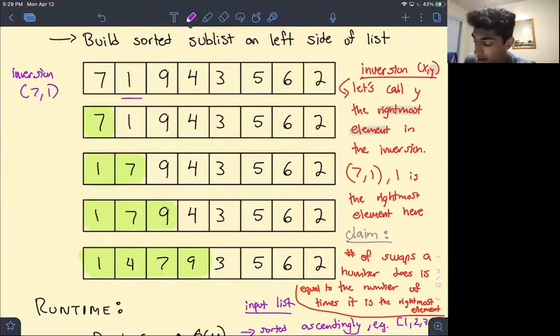Since 1 is the rightmost element in an inversion one time, 1 has to do one swap, because it has to swap before the element that it was part of an inversion with. Since 1 and 7 are part of an inversion, we know that 1 must swap to become before 7.